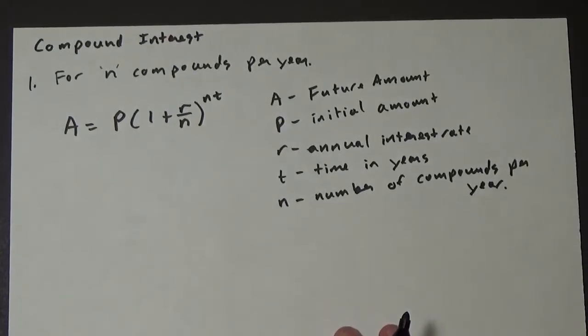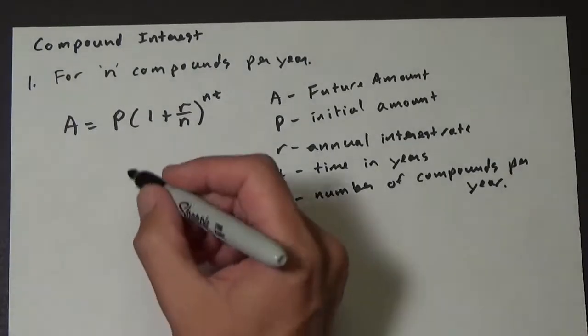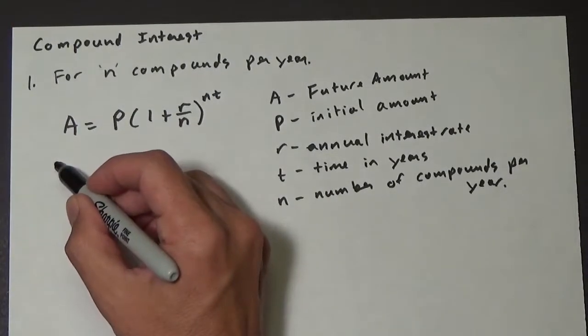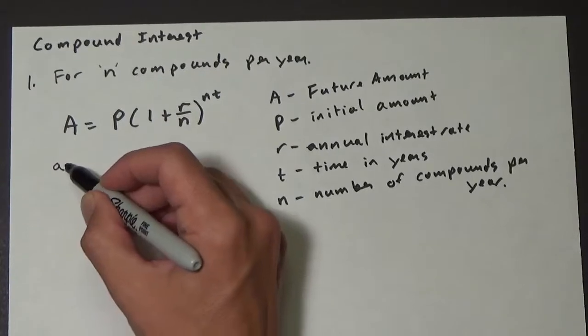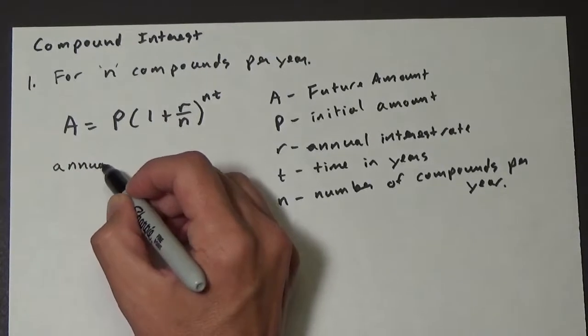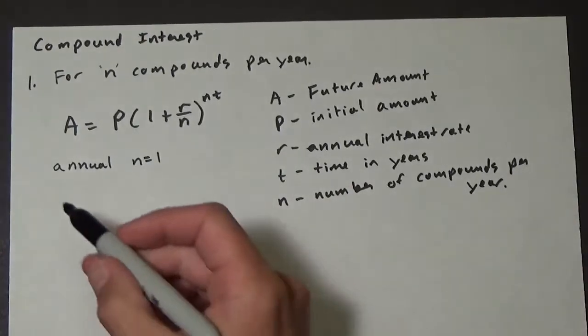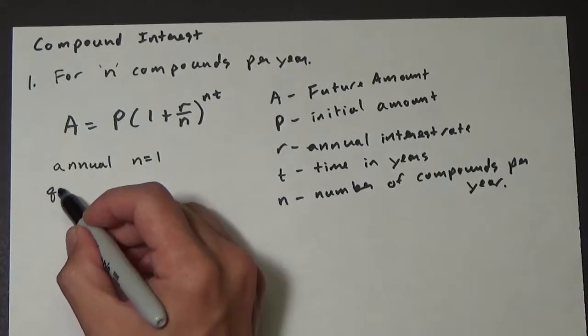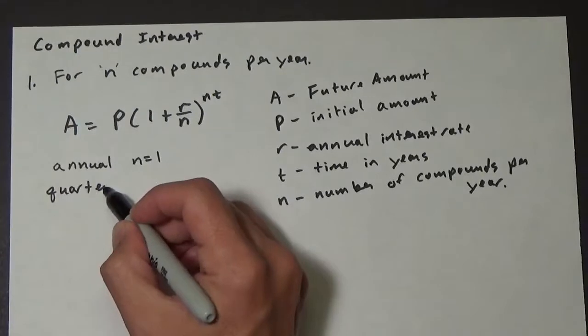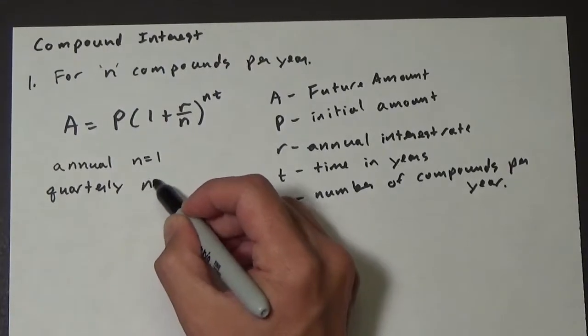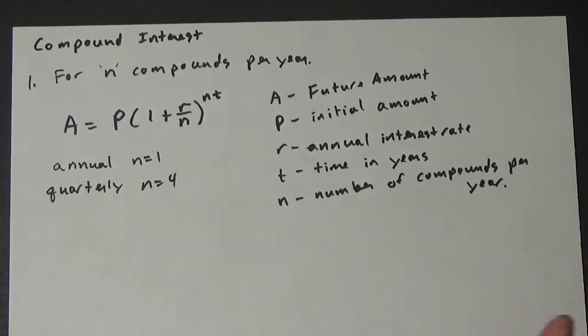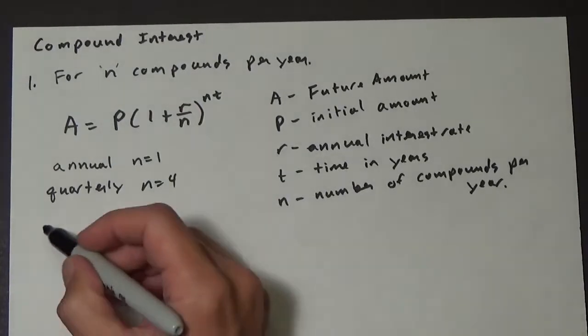Okay, so I want to focus on our N. So if we have annual compounding, N is 1 because we only compound once a year. If we have quarterly, N is 4 because there are 4 quarters in a year, so we compound it 4 times.